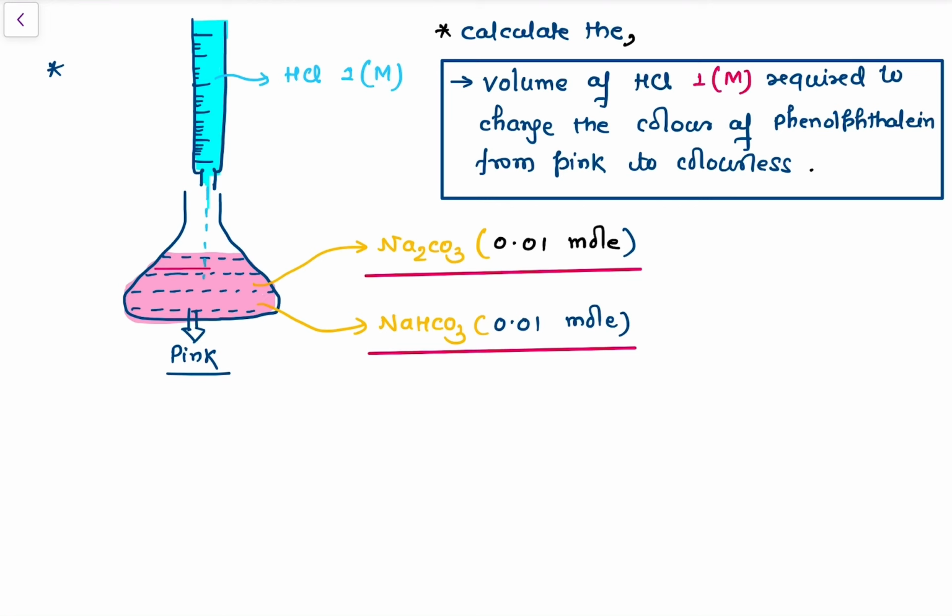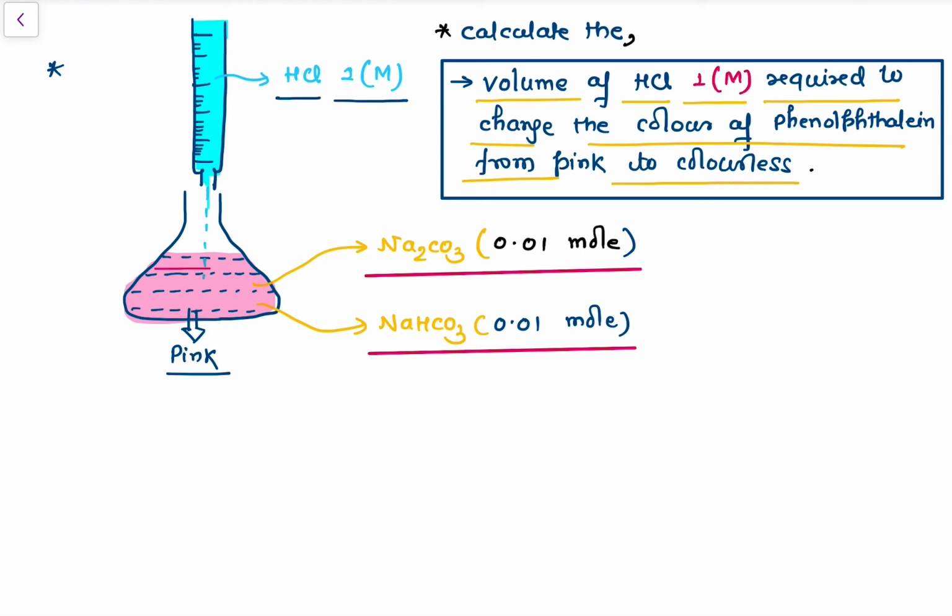Now we are titrating this solution with HCl having the concentration of 1 molar, and the thing that we need to calculate here is the volume of the 1 molar HCl required to change the color of the phenolphthalein from pink to colorless.